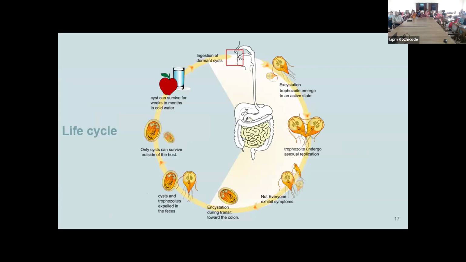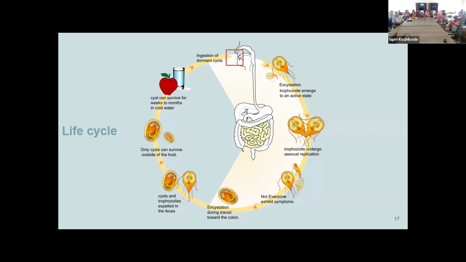A person acquires infection by ingestion of food and water contaminated by the cyst form of this parasite, and it reaches the small intestine where it undergoes excystation to release 2 trophozoites. These trophozoites within the intestinal lumen undergo asexual reproduction by binary fission to produce more trophozoites and result in clinical manifestation. After that, some of the trophozoites go to the colon where they undergo encystation to form the cyst form.